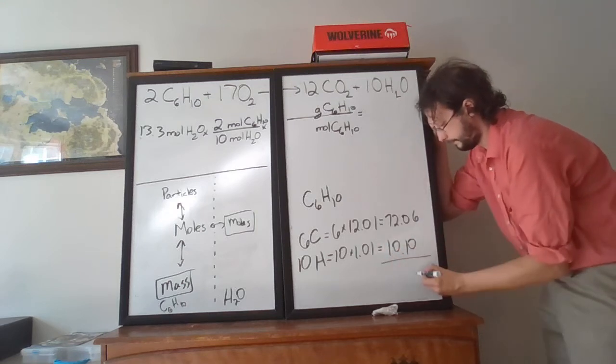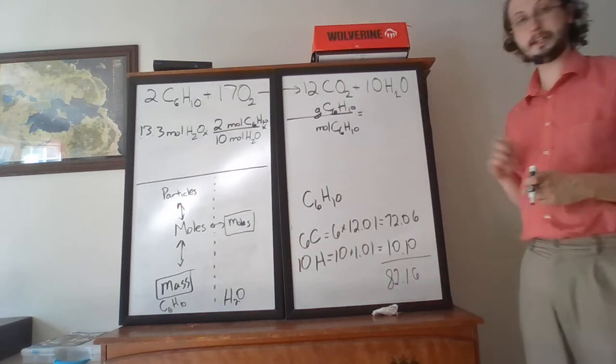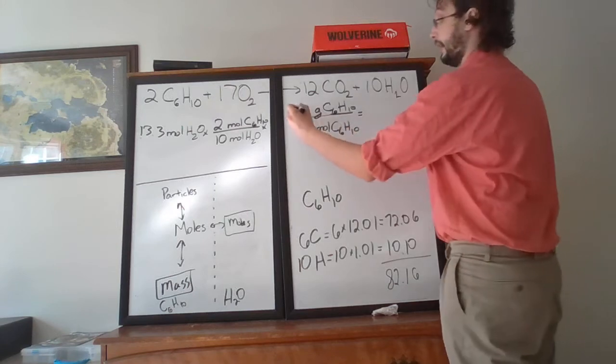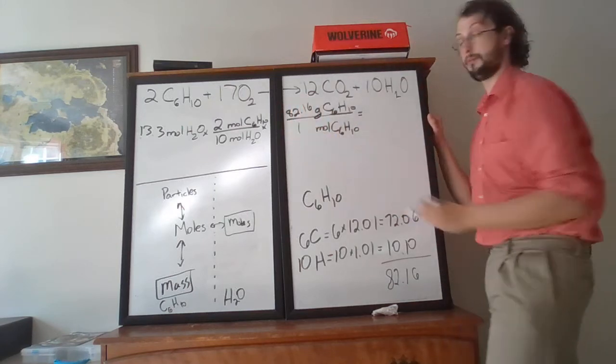We add them up and get 82.16. So 82.16 goes with grams on top, and 1 goes with moles on the bottom.